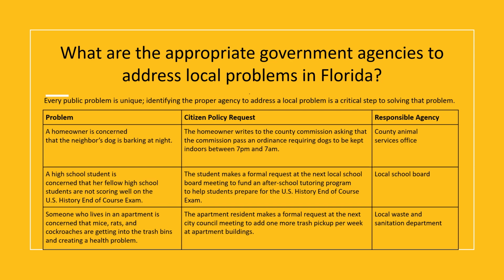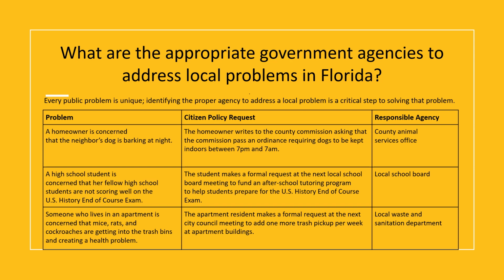A high school student is concerned that her fellow high school students are not scoring well on the U.S. History end of course exam. So the student then makes a formal request at the next school board meeting to fund an after-school tutoring program to help students prepare for the U.S. History end of course exam.